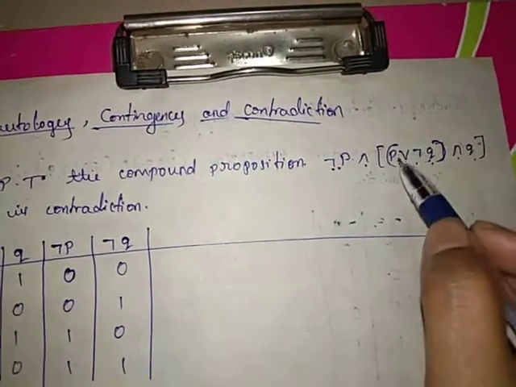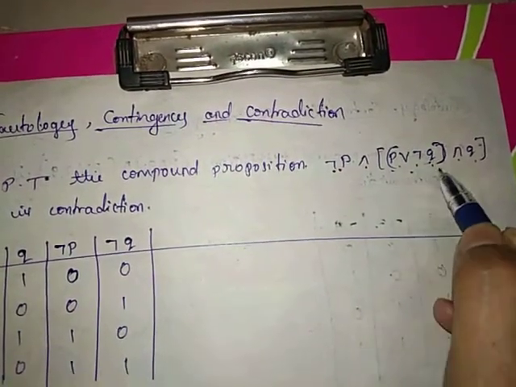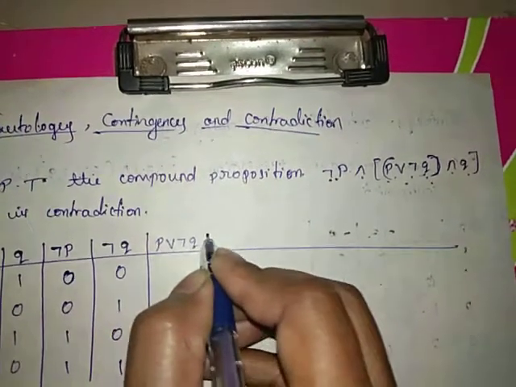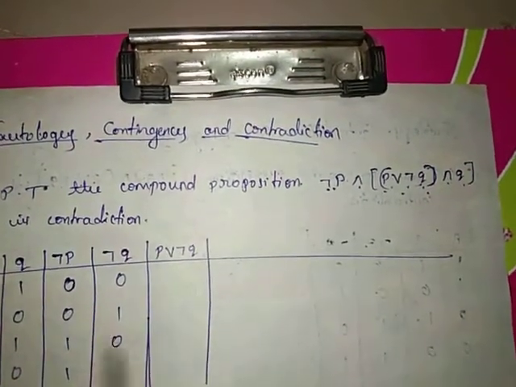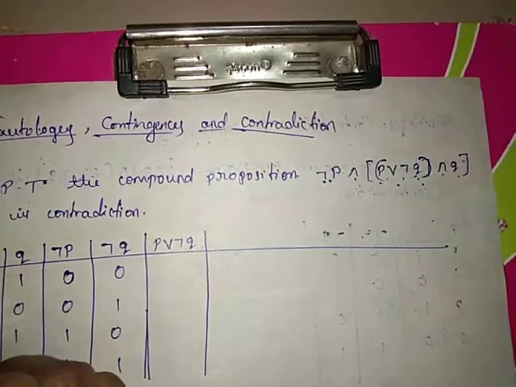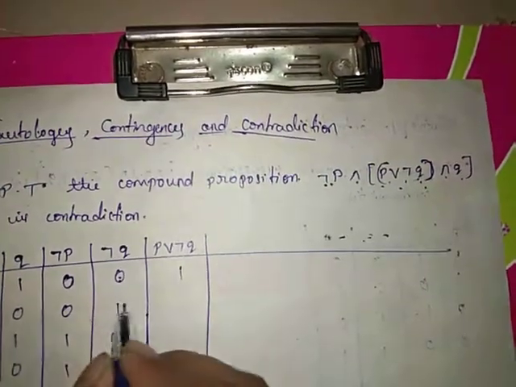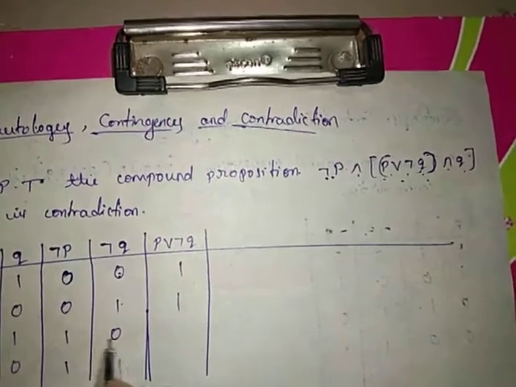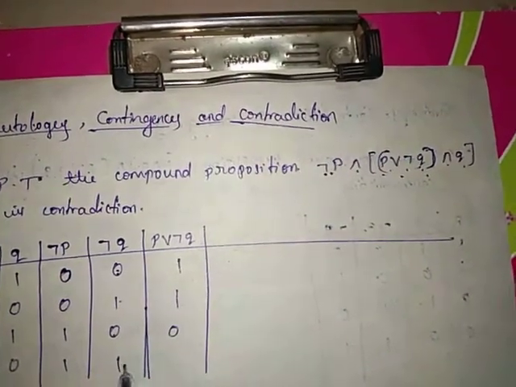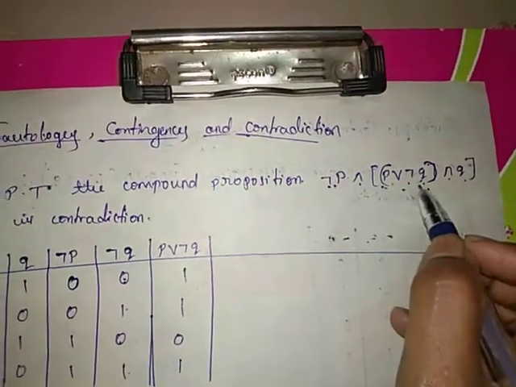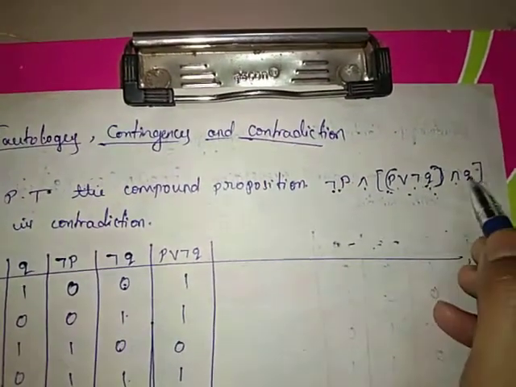Now see here, we need P or negation of Q. So P or negation of Q: 1 or 0, 1; 1 or 1, 1; 0 or 0, 0; 0 or 1, 1.